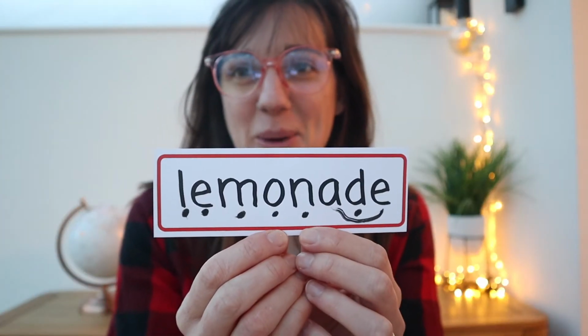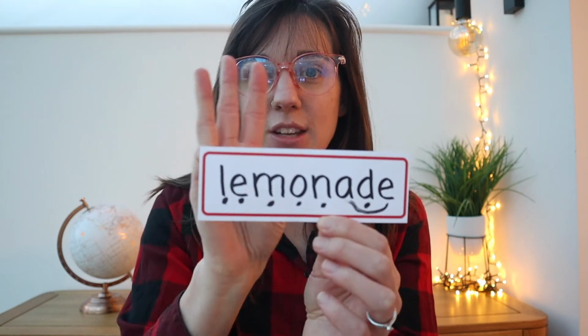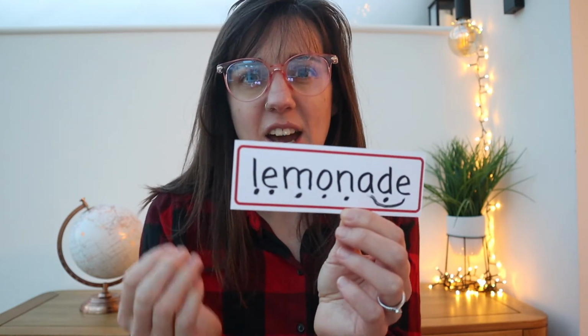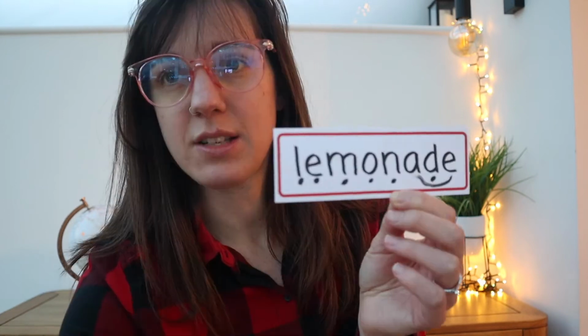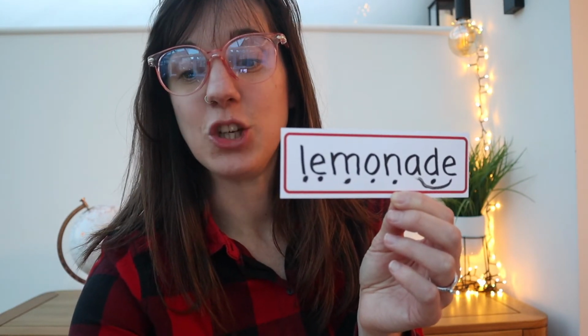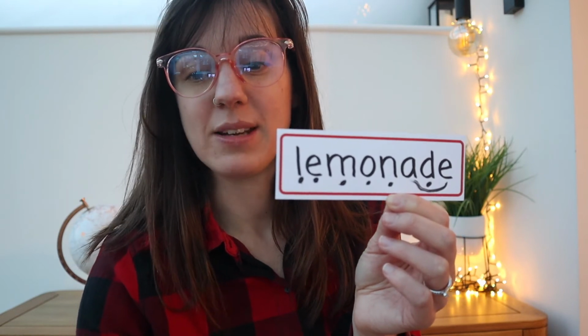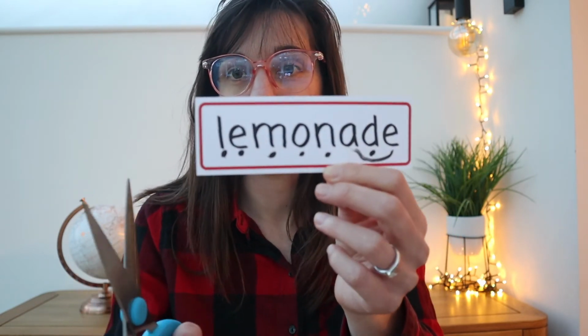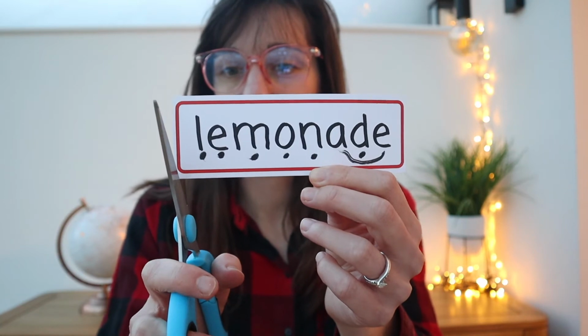Now remember, this word has not got one syllable, not got two, it's got three. Where shall I cut it to make my three syllables? Let's look at this word carefully. I know, you could shout stop when my scissors get to the right point to cut. Ready? Make sure you're watching.